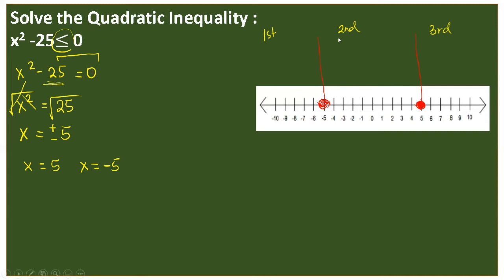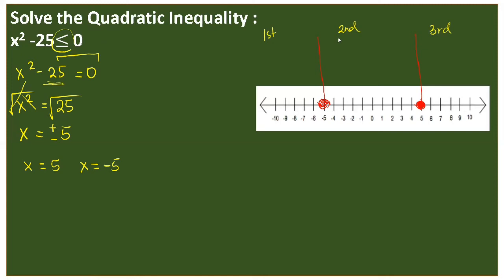After we divide our number line into 3 regions, we are going to find the solution set, or the values of x aside from 5 and negative 5 where the inequality is true.